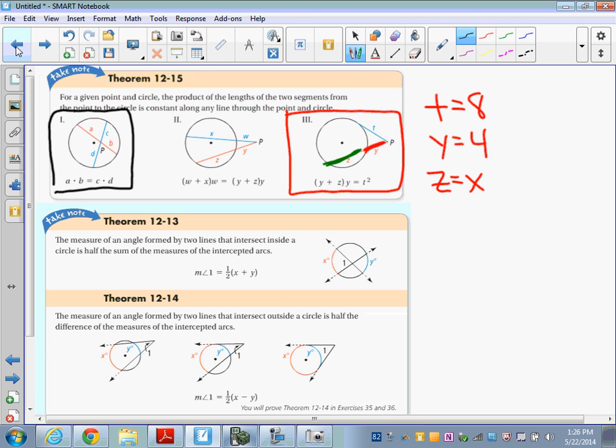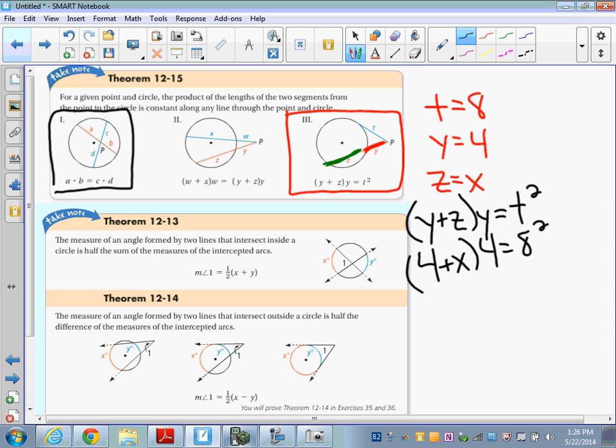So let's do it. So I have Y plus Z times Y is equal to T squared. And then I'm going to just substitute everything. So it's going to be 4 plus X times 4 is equal to 8 squared. The first step is to distribute this. 16 plus 4X is equal to 8 squared, which is 64.